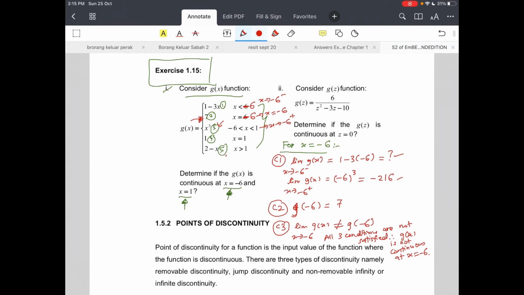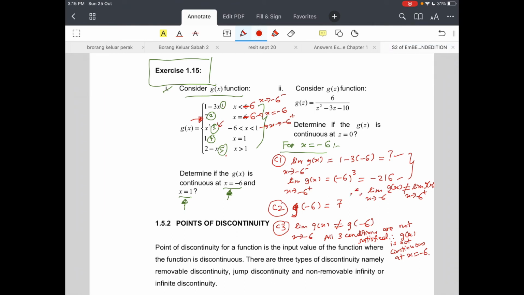Okay, this one is finite. Both values are finite, but the limit as x approaches -6 from the left side is not equal to the limit as x approaches -6 from the right side. This is the conclusion for the first condition. I forgot to write it down.